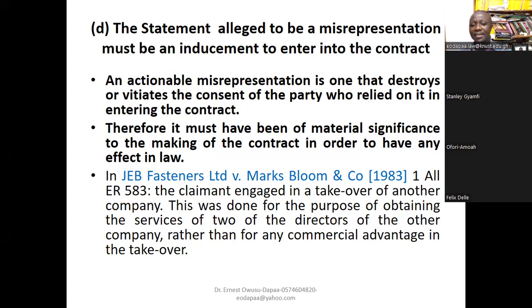In other words, it influenced you in a significant way in entering into the contract.